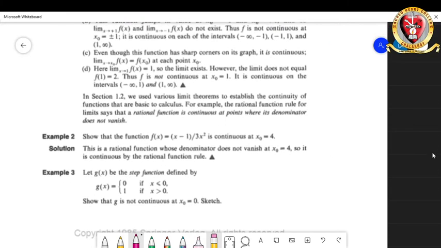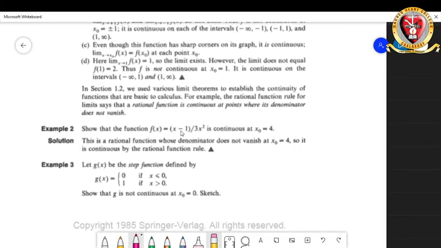And another important recap we need is that a rational function is continuous at points where its denominator does not vanish. A rational function is nothing but a function which can be written as p of x by q of x, where p of x and q of x are any functions of x. And whenever q of x is not equal to 0, we can say that f of x is continuous.